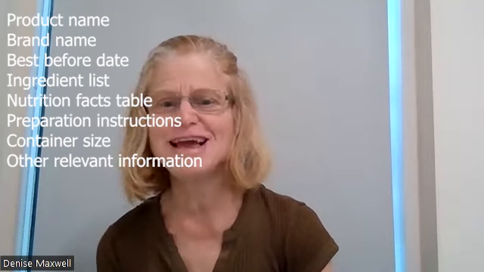And so the food label contains the name of the product, the brand name, the expiry date or the best before date, if that is relevant, the ingredient list, and the nutrition facts table, of course, preparation instructions, if any, the size of the container, and other facts about the product.